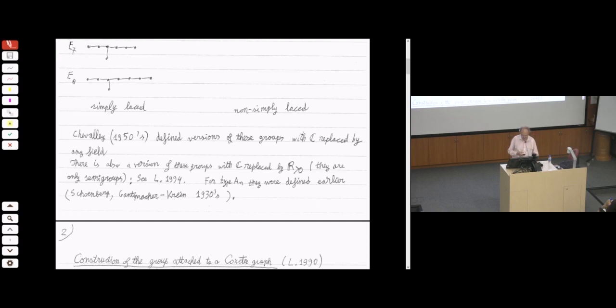Now, since I said that I will not assume that you know the definition of the simple group attached to a Coxeter graph, I will give a definition. This definition is not a standard one. The standard definition, which Chevalley gave, is that you first construct a Lie algebra.